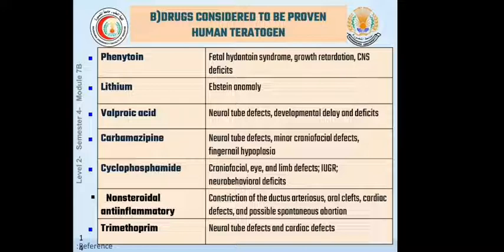But some drugs which are proven teratogens can also cause harm to the fetus in the first, second, or third trimester. These drugs are listed in the table. Number 1 is phenytoin.